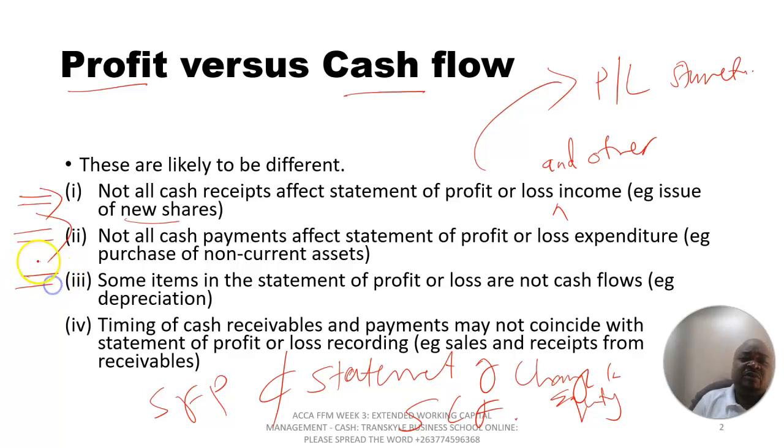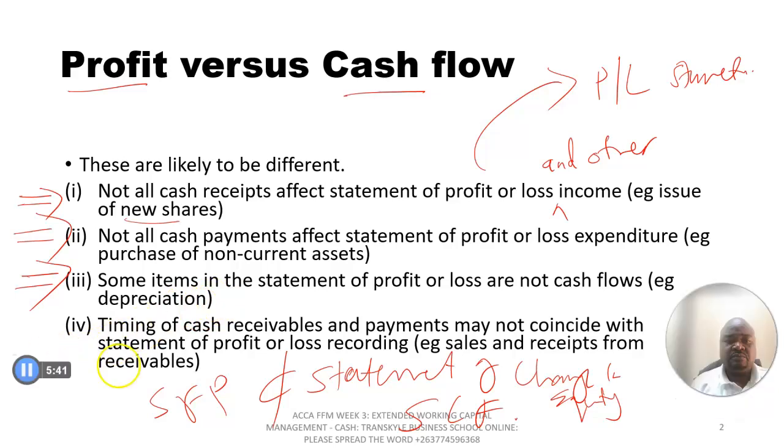The other point we need to talk about is difference number 3. Some items in the statement of profit or loss are not cash flows. For example, depreciation, yes, or amortization. These items are subject to accounting conventions. All right, they are just mere assumptions.